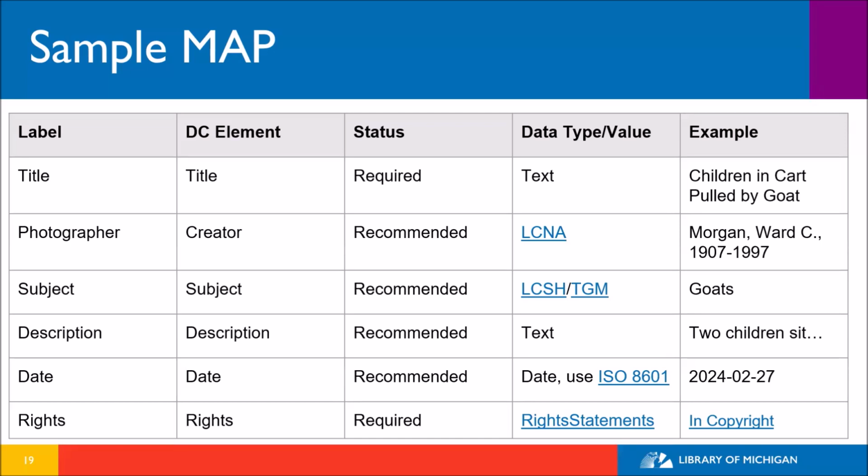So the label is what displays to the user, but the structure is still based on Dublin Core. You can see how the field is mapped to a certain DC element. And here I have chosen photographer for my label, but the field is mapped to the DC element for creator.